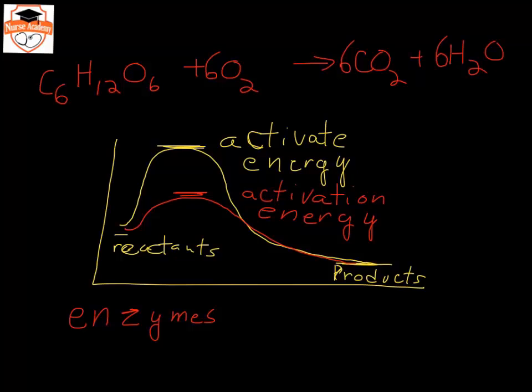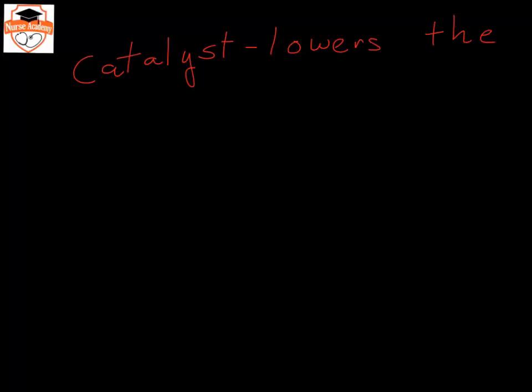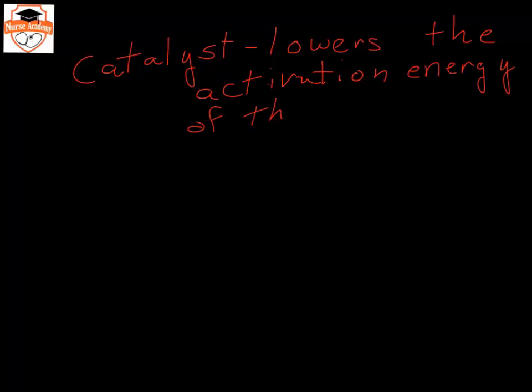Now, enzymes are what nature uses for catalysis, and a catalyst is something that lowers the activation energy of the reaction in some way. Catalysts are not used up or damaged in a reaction. If they do react in any way, they're regenerated.